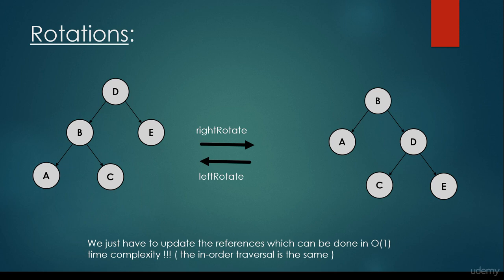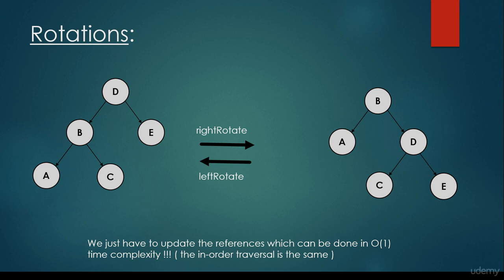For example, we have this subtree on the left with the root node D. It has a left child B and a right child E, and node B has a left child A and a right child C. So whenever we rotate to the right, the topology of the tree is going to be changed. So after rotating to the right, D is not going to be the root node anymore. It's going to be the right child of B.